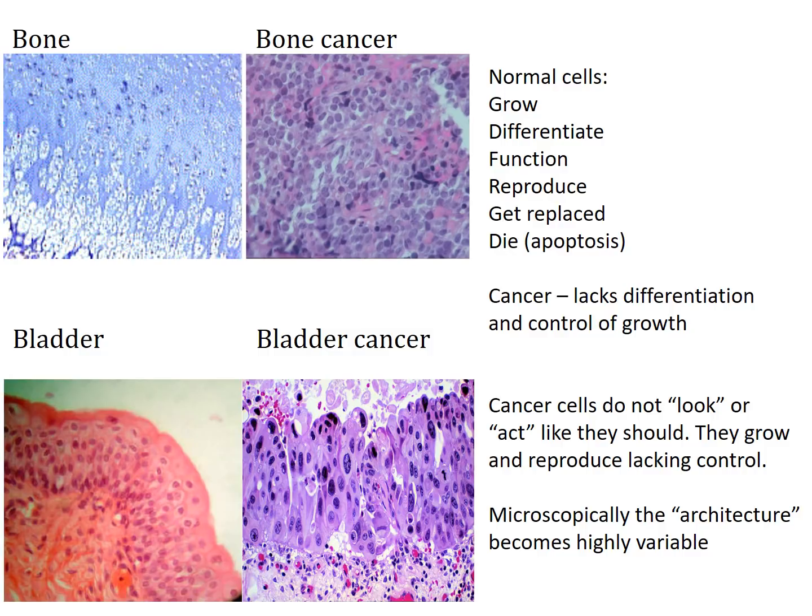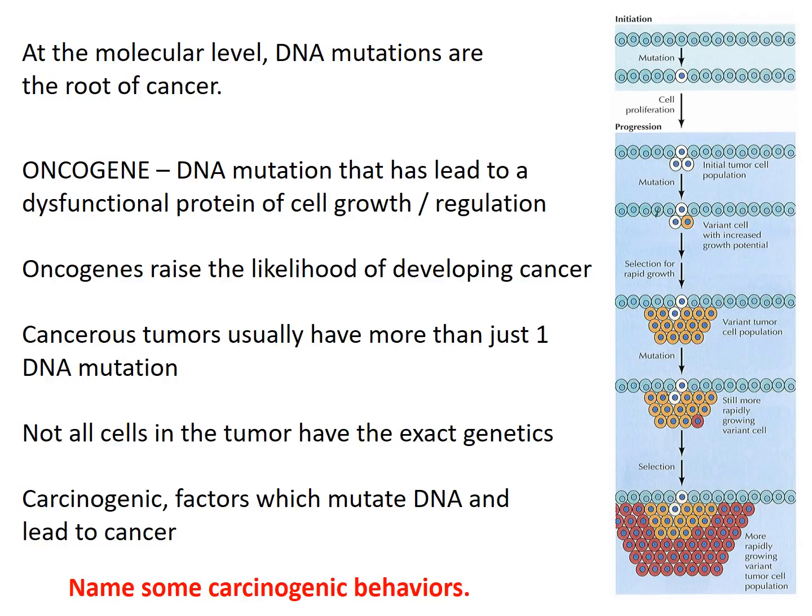And this is what we're talking about. We're talking about anaplasia. It's the loss of that normal architecture. And here's a couple of nice microscopic photos showing you an example of both bone cancer and bladder cancer coupled to the normal architecture.